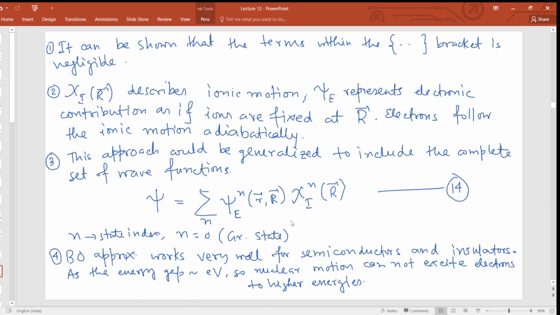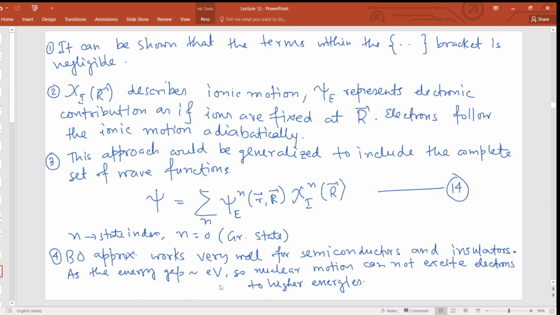Okay, so this is what is called the Born-Oppenheimer approximation, and it works very well for semiconductors and insulators. So people have compared it with some experimental data that was available, and they have seen that the experimental data and the computed data give a good agreement under this assumption.